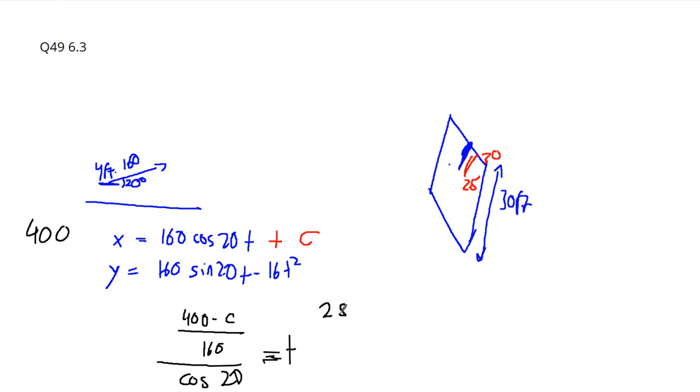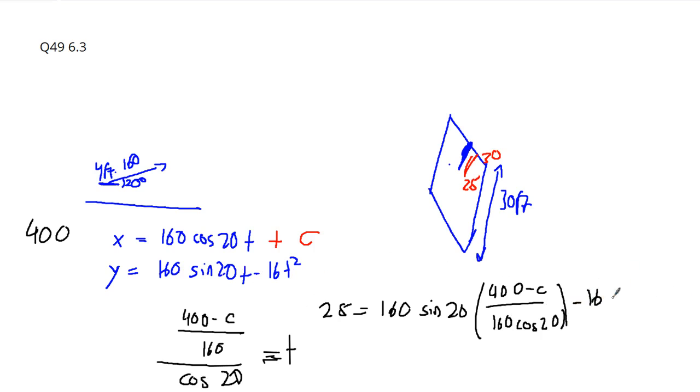So 25 is equal to 160 sine of 20, multiplied by this whole thing, 400 minus c over 160 cosine 20, and then minus 16 t, which is this again, squared: 400 minus c over 160 cosine 20 squared.